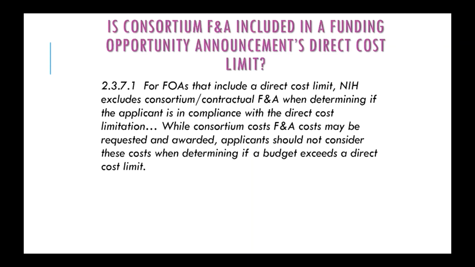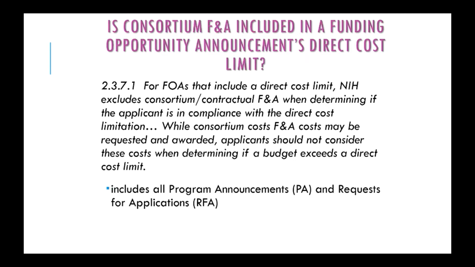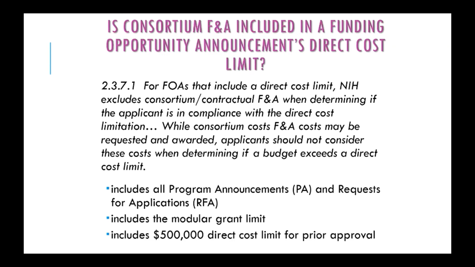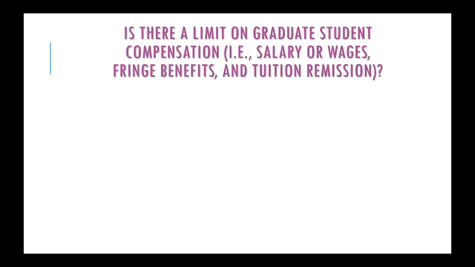Now, in a few very, very rare cases, in very, very large, complex grant programs, there may be a total cost limit, but that is a very rare event. So again, consortium F&A is not included. Okay, next slide, please. Let's do another one.